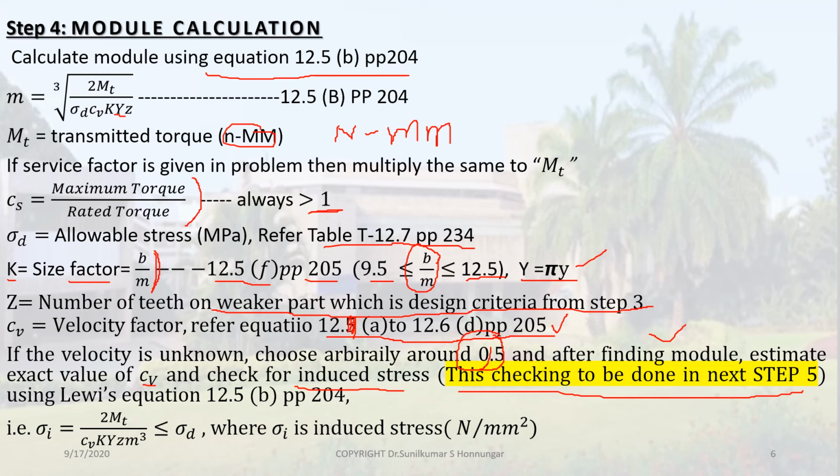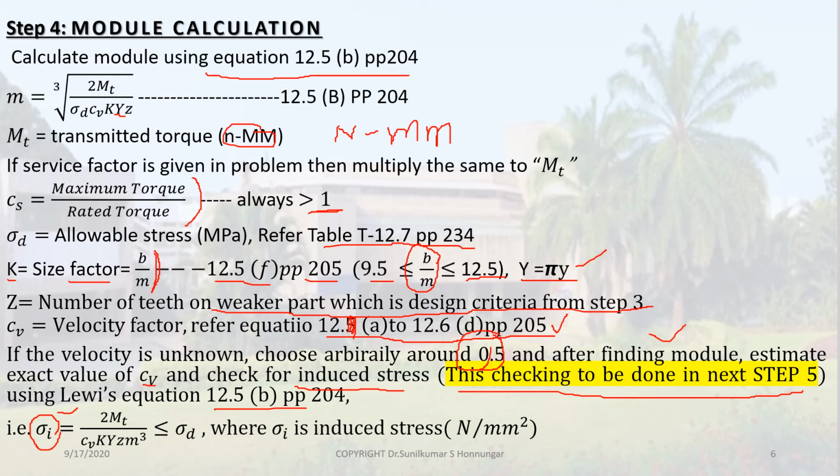And again Lewis equation 12.5b can be used for finding the induced stress. For induced stress, the module you have found now, the same equation has to be used. Instead of sigma d, you have to find the induced stress using the same expression.